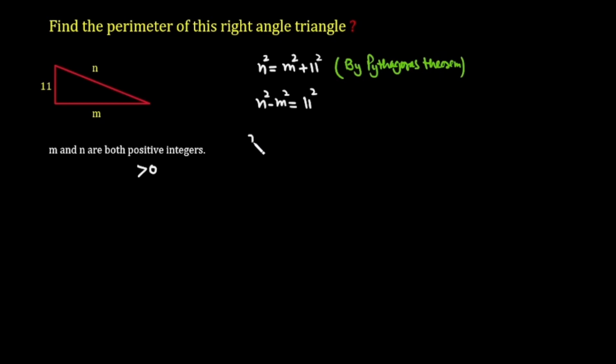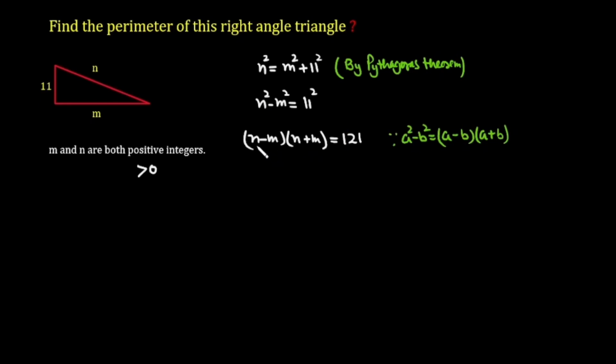So this is n minus m times n plus m, because we know our formula a square minus b square is equal to a minus b times a plus b. So this is equal to 11 square, which is 121.